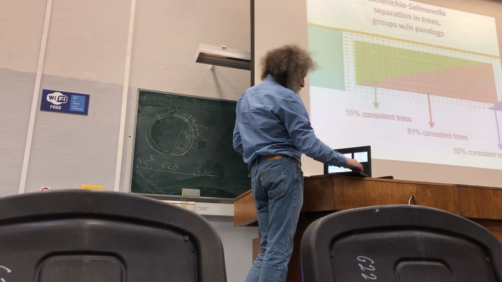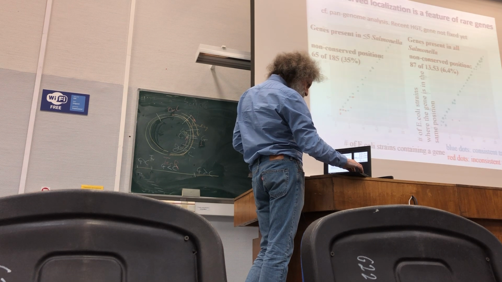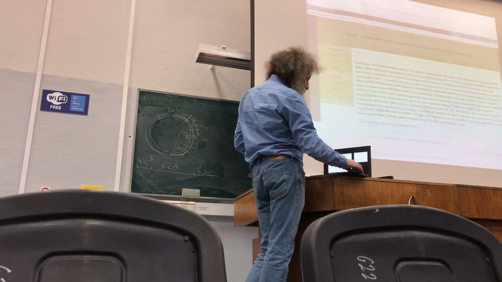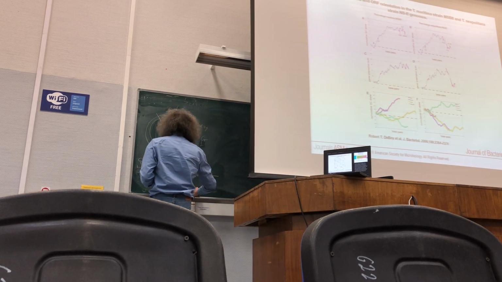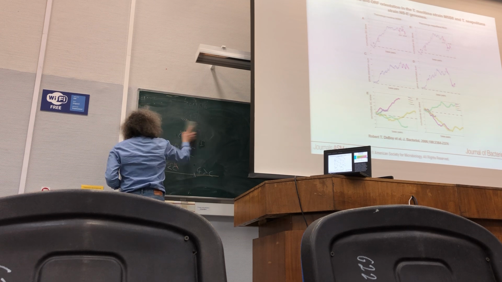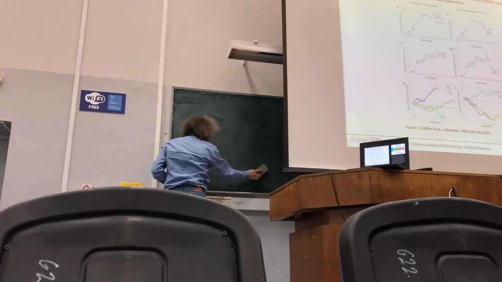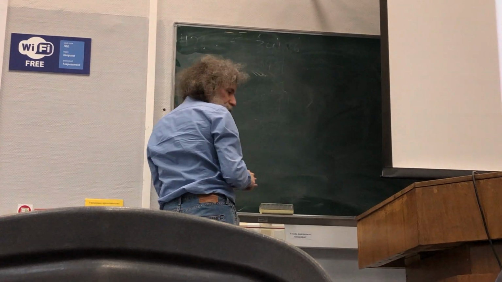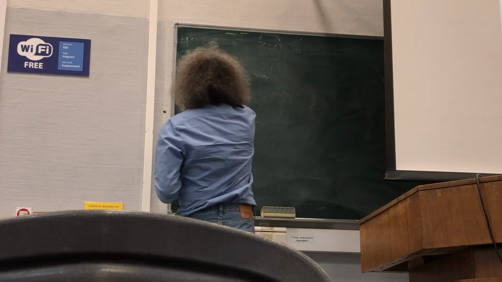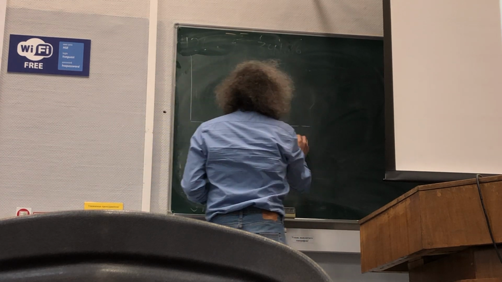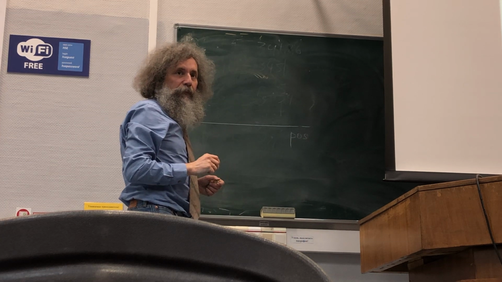Actually, oh, sorry, I should have this somewhere. No? Okay, I have to draw it. So basically, what people do: the horizontal line would be the position in the genome.